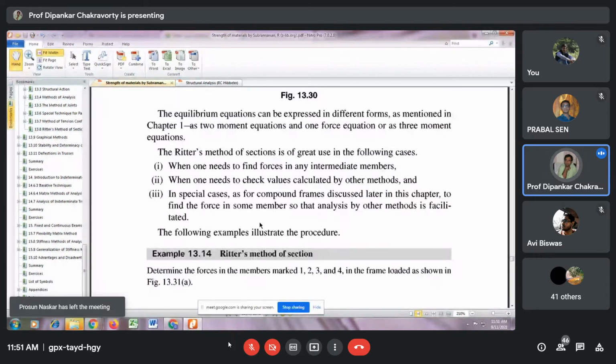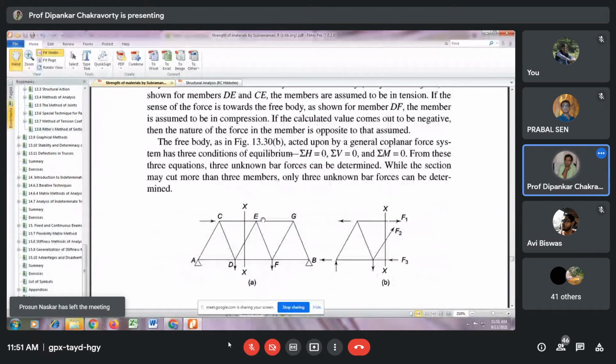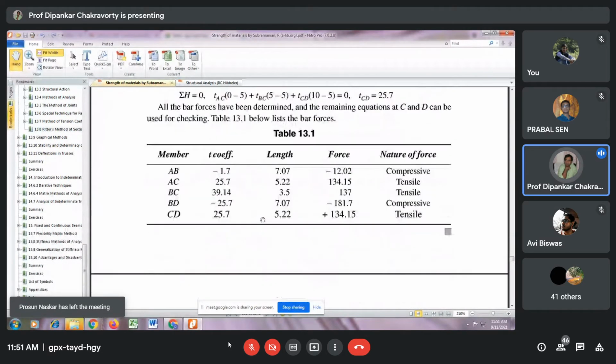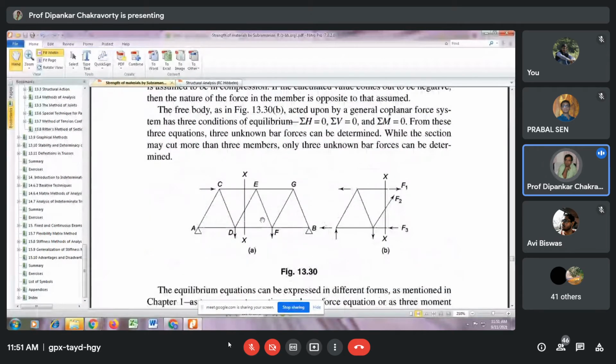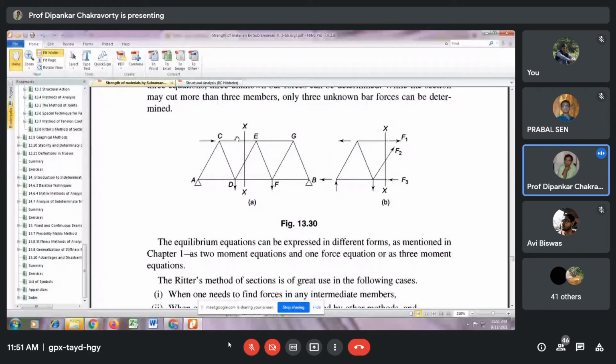You can just solve any intermediate member. I will show you. Now see, if this is a particular truss, I will explain it and then I will discuss a numerical problem as well.